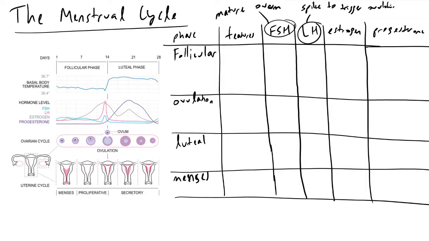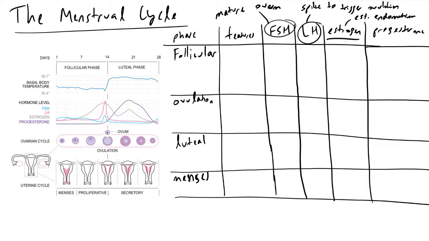We also have estrogen, and estrogen's role is to establish the endometrium. And the endometrium is the lining inside the uterus that will actually nourish an egg that is released every menstrual cycle.